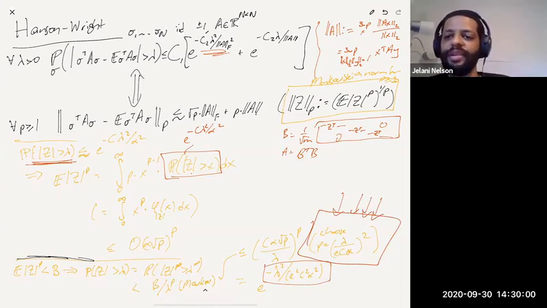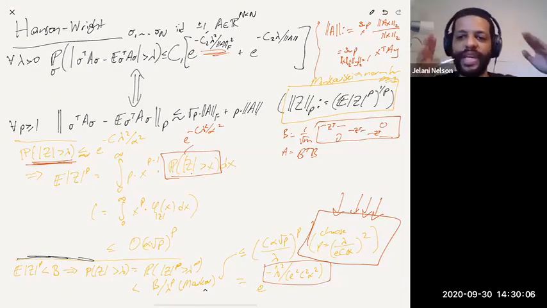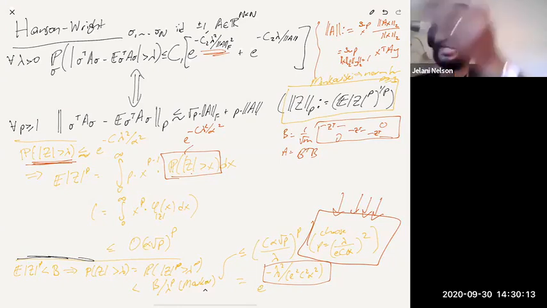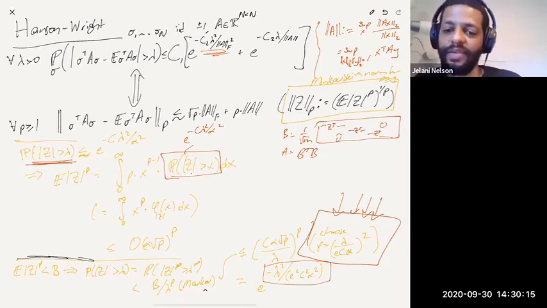So if you have a tail bound, like Chernoff or Hanson-Wright or Khintchine, that implies that you have a moment bound. And that moment bound again implies a tail bound via Markov, where you know exactly which moment you're using.